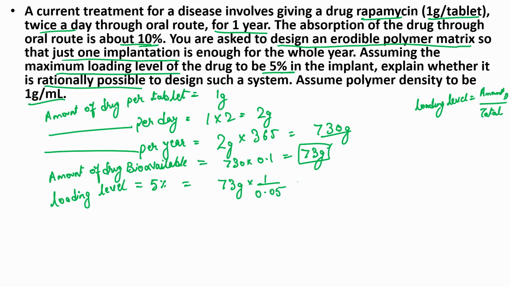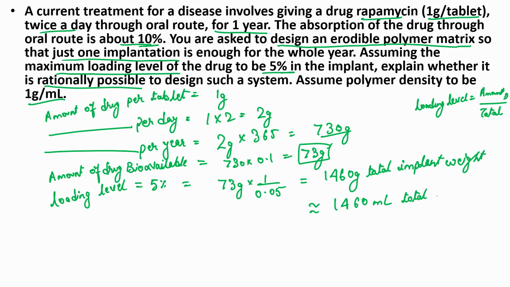So, that will be the total implant device, and if you solve this it will give about 1460 gram of the total implant weight. Now, we are saying we can assume the polymer density to be about 1 gram per ml. So, this will basically mean 1460 ml, the total implant volume.